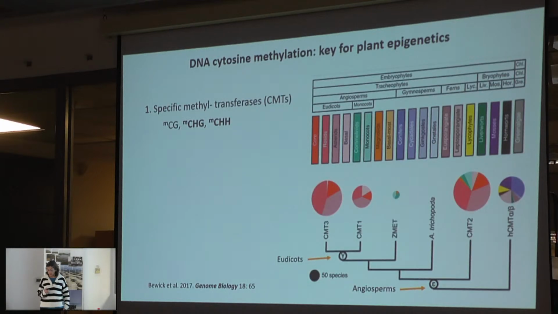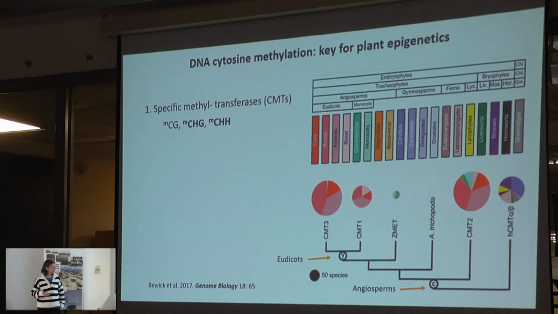So in plants in particular, unlike in other organisms where most of the methylation is in cytosines followed by a guanine, we also have methylation in all the other contexts, and this is thanks to a specific group of methyltransferases, the chromomethylases.